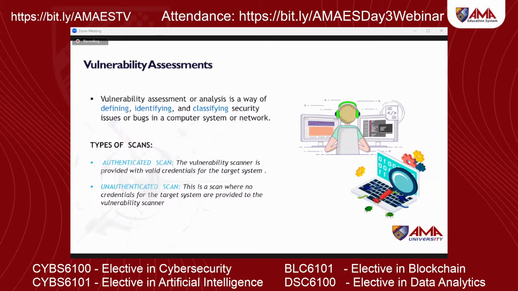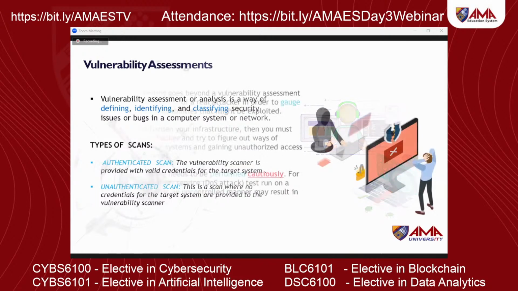Number one is the authenticated scan. Ano ba ito? So, scanner is provided with valid credentials for the target system. So when you say valid credentials, it is within the standards and it is the approved. And then on unauthenticated, this is a scan where no credentials for the target system are provided to the vulnerability scanner.